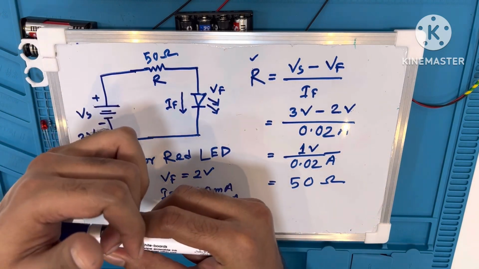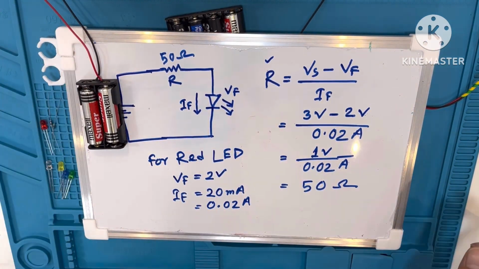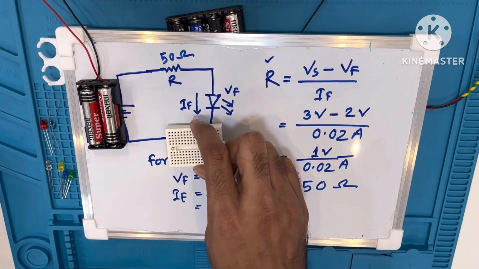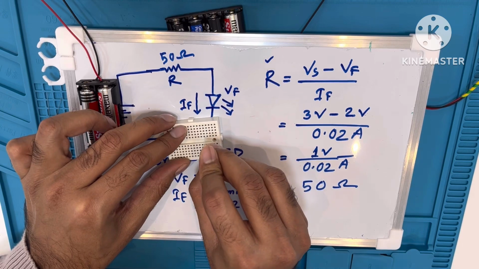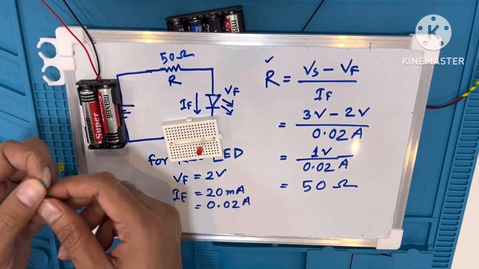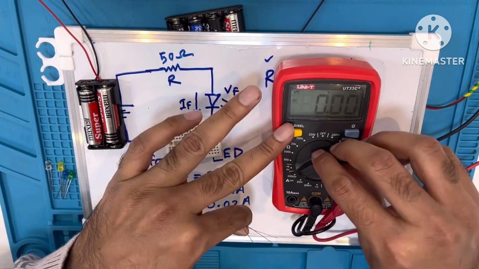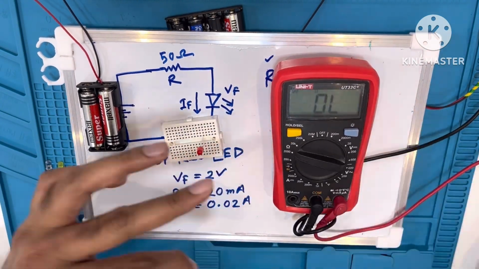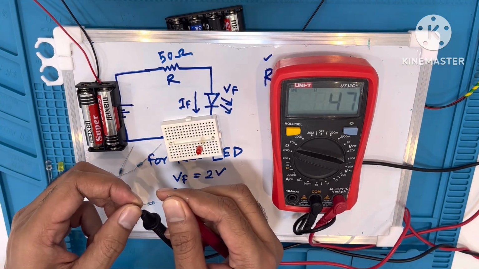Let's implement this circuit physically. So here we have a 3 volt battery. Here we will use a small breadboard and this is the red color LED. All the resistors look the same, so I will use a multimeter to measure the resistance value. So let's find the accurate value.